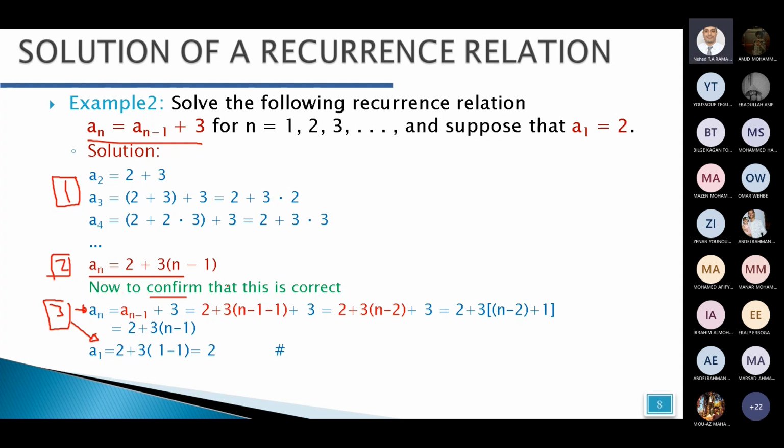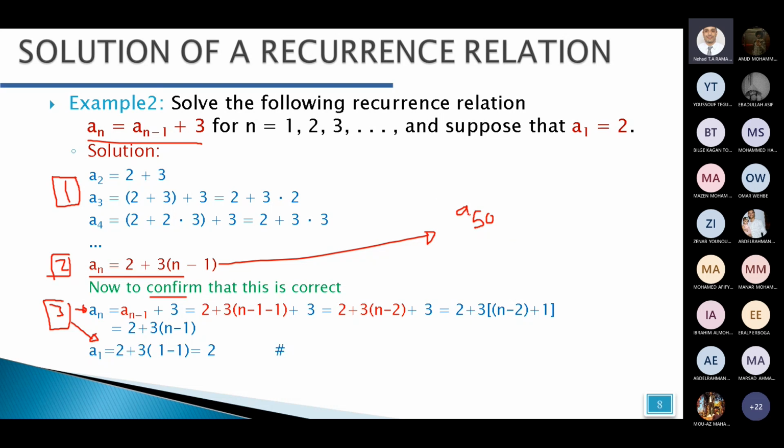Now we have this general term. You can find any term. Now, if I ask you for this recurrence relation, what's the term, for example, 50, you don't need to calculate all the previous terms.